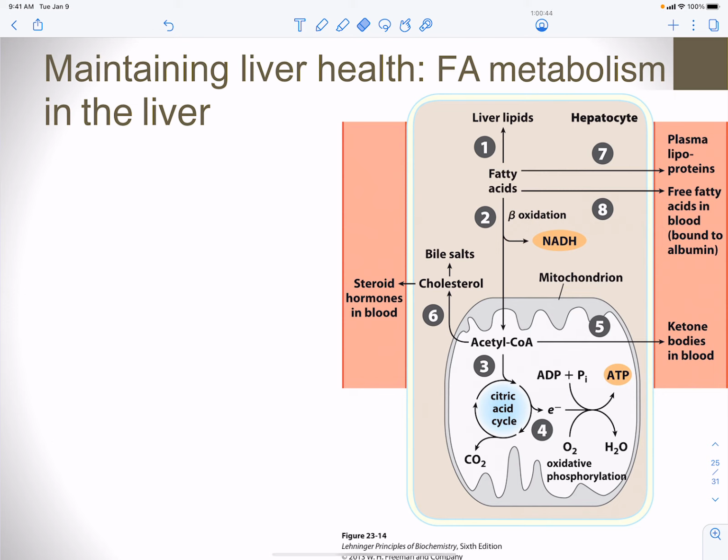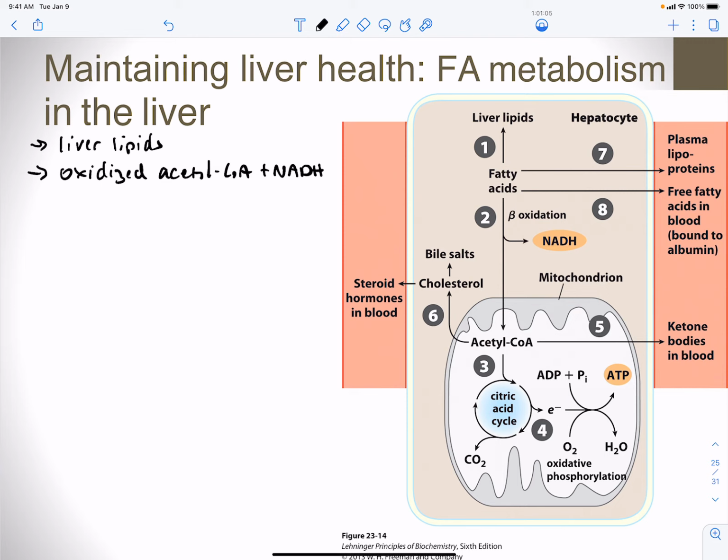So fats can be converted to liver lipids, which are needed for cell membranes, etc. They can be oxidized, and this is going to give acetyl-CoA and NADH.